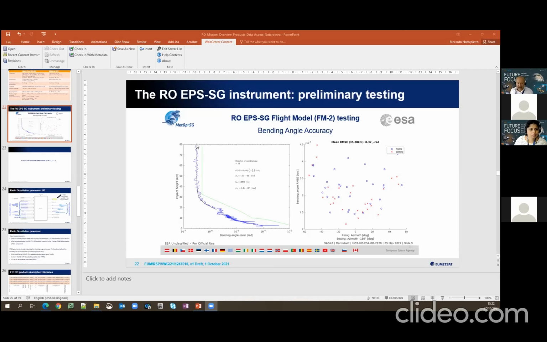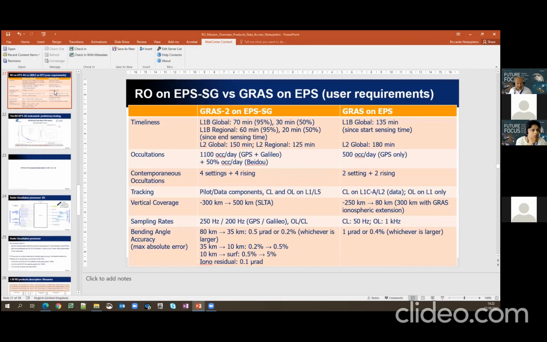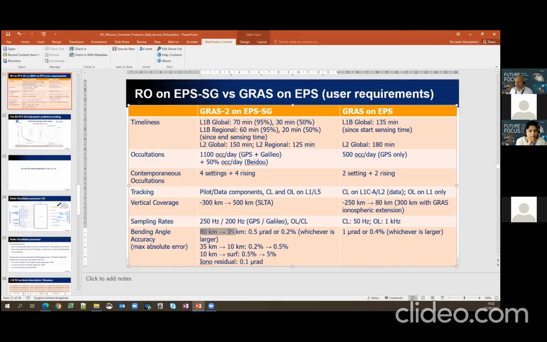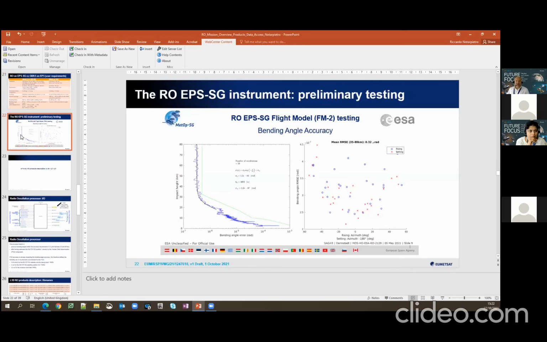But here the results are shown only below 80 kilometers in terms of bending angle, also because the bending angle requirement is only defined up to 80 kilometers. So we don't have any requirements on the bending angle accuracy above 80 kilometers. So any thoughts about how the ionosphere plays a role here are not taken into account in showing this kind of results.